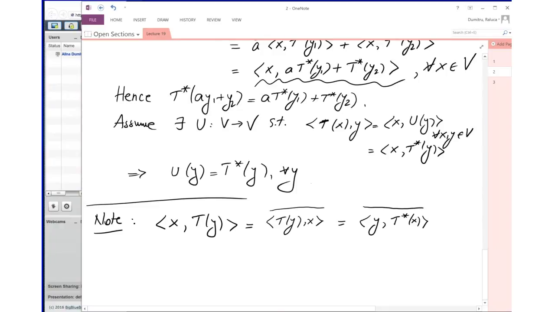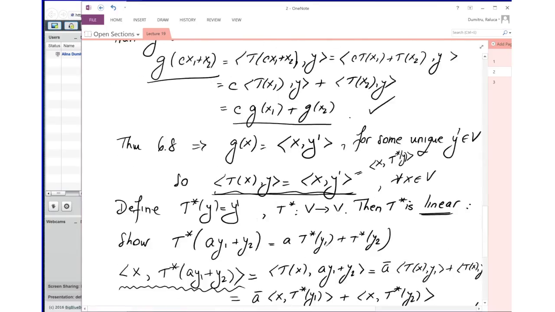So that's the complex conjugate of the inner product between y and T star of x. And now I'm going to switch them back, right? And that's exactly what I want, right? So not only can I move T from the first into the second with the adjoint, I can do it backwards, from the second into the first. It's still moved with the adjoint.